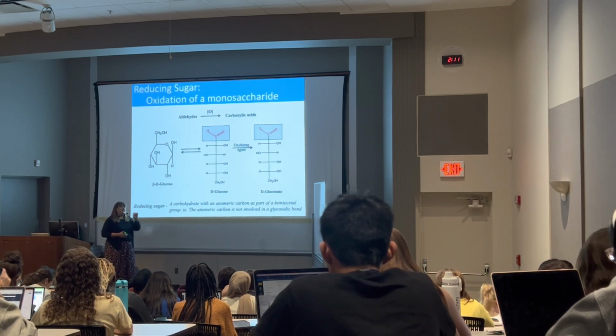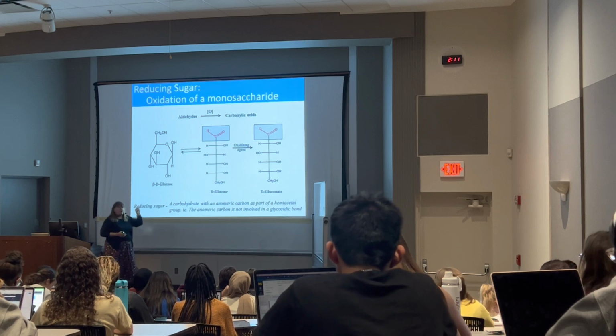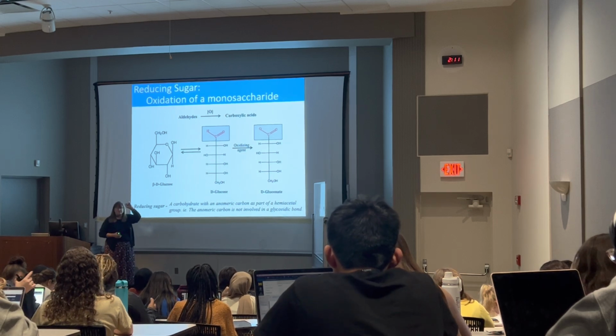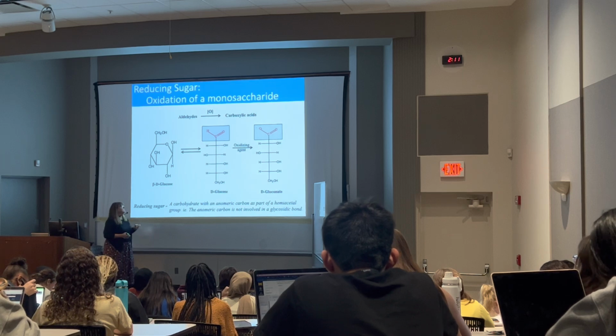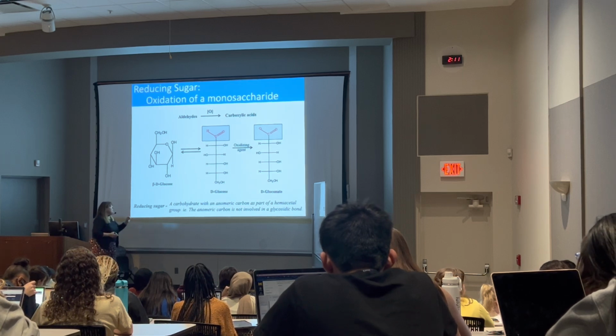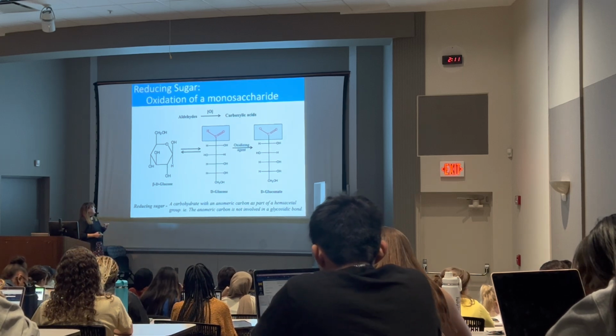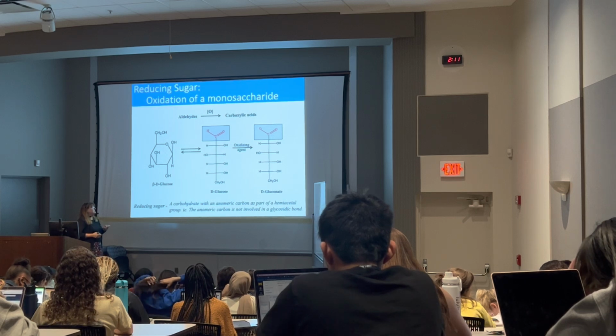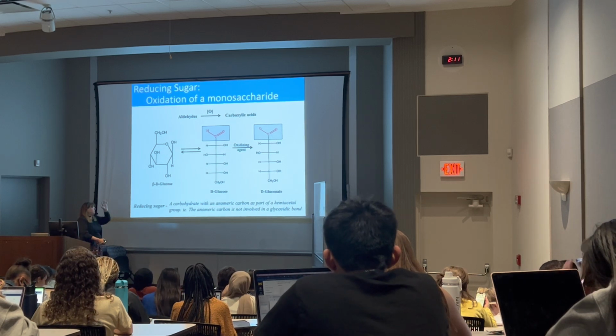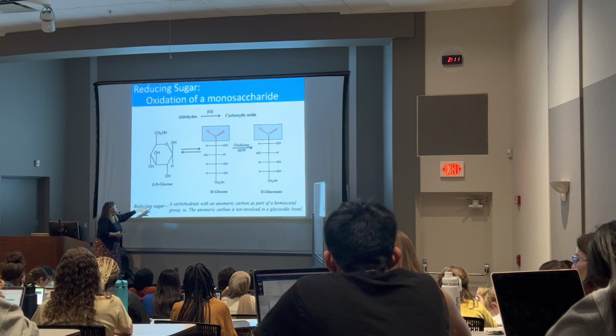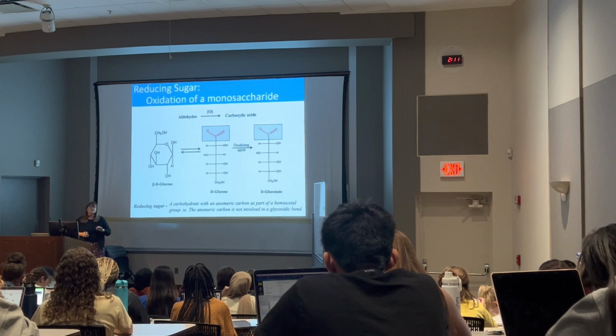That is a C with an OR and an OH bonded to it, which makes it a hemiacetal. Therefore, it can open up and it can be oxidized. So it is a reducing agent because it causes something else to be reduced.